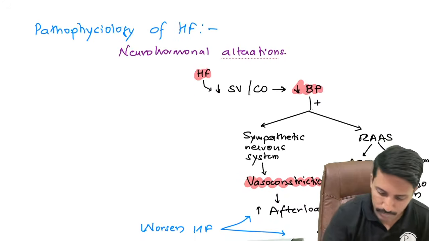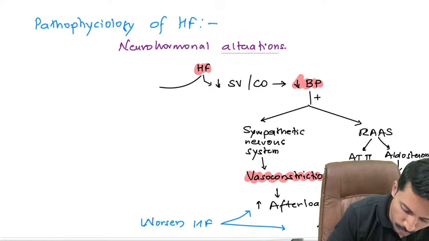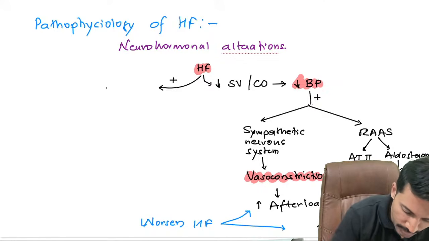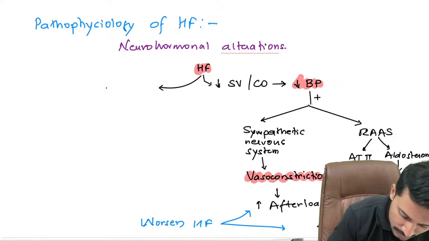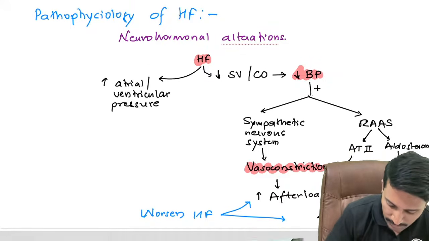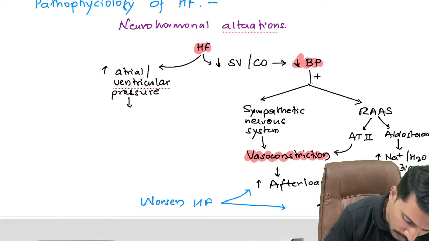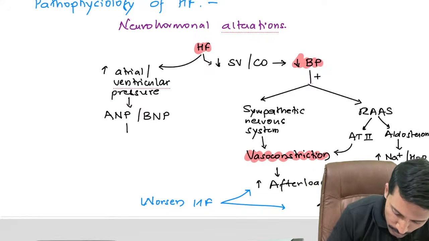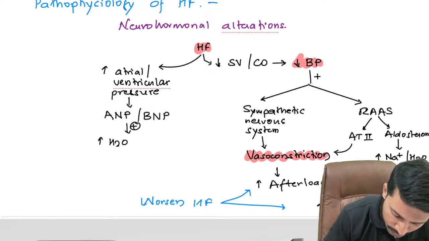Okay. At the same time, heart failure also activates one more mechanism, that is, there will be activation of natriuretic peptides, because heart failure results in an increase in atrial or ventricular pressure, and because the pressures in the chambers are increased, they will produce natriuretic peptides, that is ANP and BNP, and this ANP and BNP will stimulate the kidneys to excrete, instead of reabsorb, sodium and water.